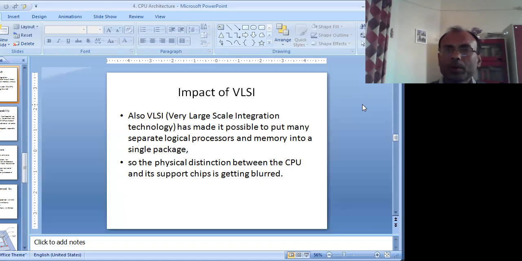So the CPU or microprocessor is one of the VLSI, very large scale integrated circuits, having many electronic components inside the single chip, like adder, decoder, multiplexer, registers, ALU, control unit, and the CPU also has internal cache memory inside it.